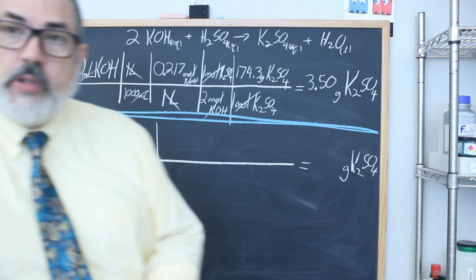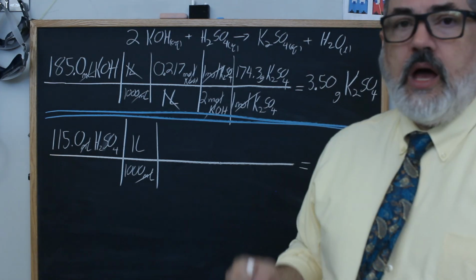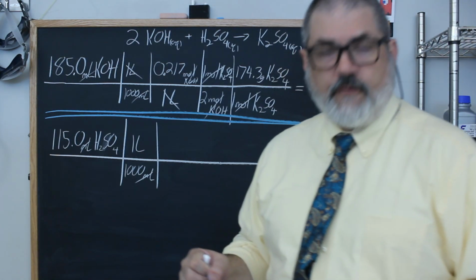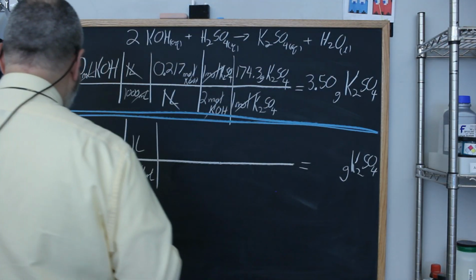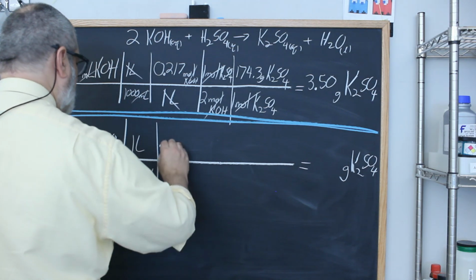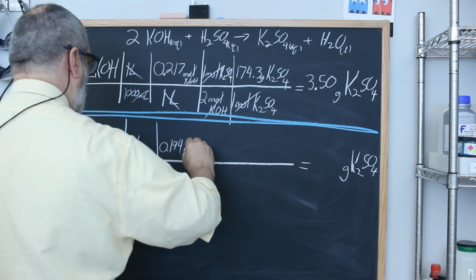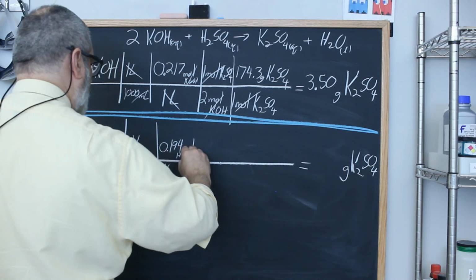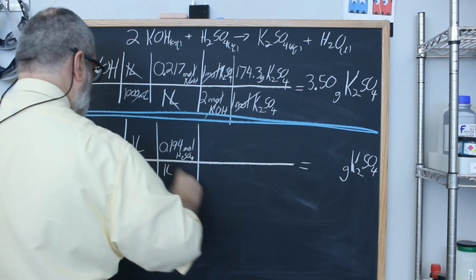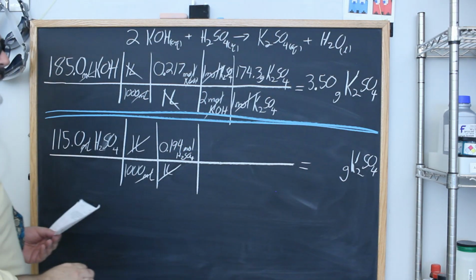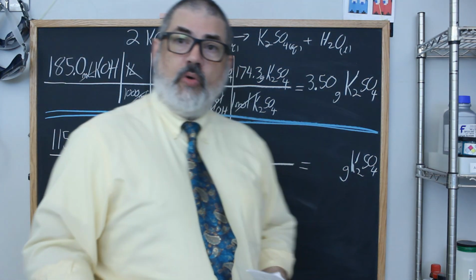And you're given the molarity of the sulfuric acid, 0.194 molar. So 1 liter, 0.194 moles of the sulfuric acid. Liters cancel. Now we're in moles of sulfuric acid.